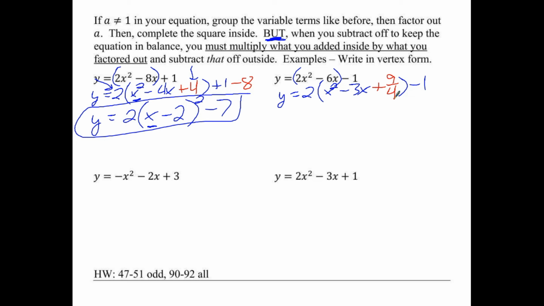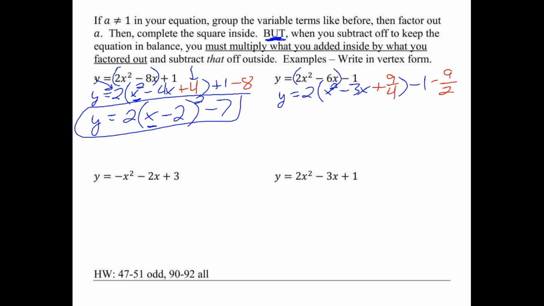That's right. Here's a helpful hint. If you multiply a fraction by 2, the denominator gets cut in half. Okay? So like 3/4 times 2 is 3/2. The denominator gets cut in half when you double a fraction. So 9/4 times 2 is 9/2. So what am I doing outside? I'm subtracting 9/2. Okay, we're ready for vertex form.